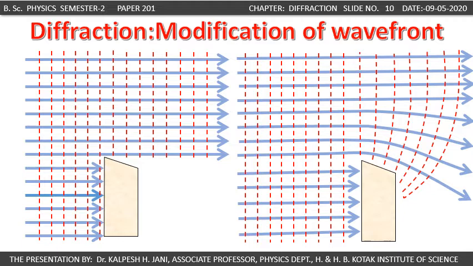So here you can see that when you take the waves in terms of the motion of wavefronts, as the wave moves, wavefronts also move. Here we have taken parallel waves, so there would be plane wavefronts representing parallel waves. Now when it is obstructed by the obstacle, then the portion of wavefront is actually cut off, and because this portion of wavefront is cut off, the remaining part of the wavefront would be modified.